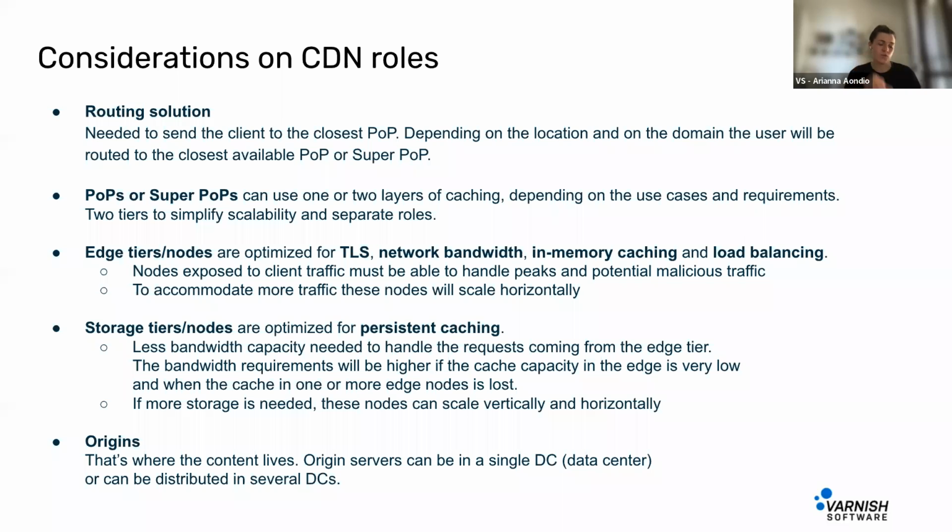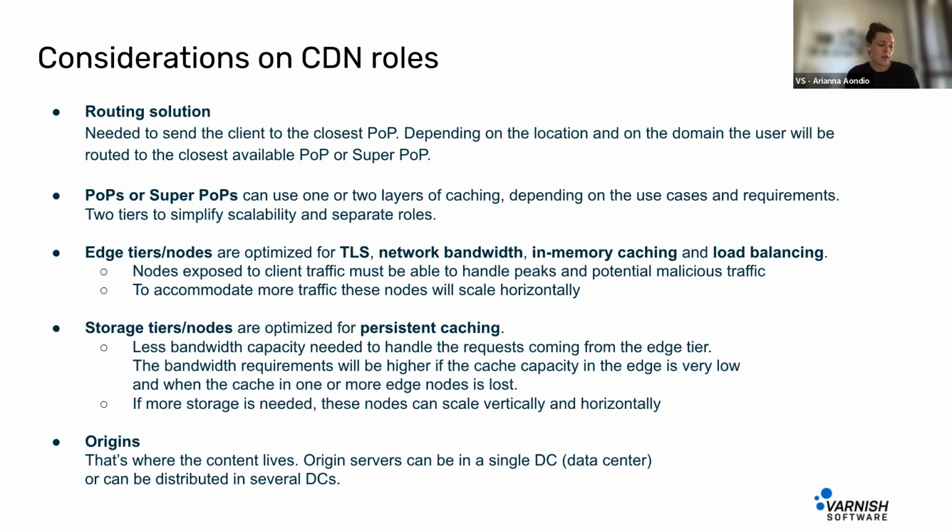And now we zoom into a POP or a super POP. Typically, this will use a couple of layers of caching. Of course, it depends on the use case, business requirements, technical requirements, and also cost or the budget available.